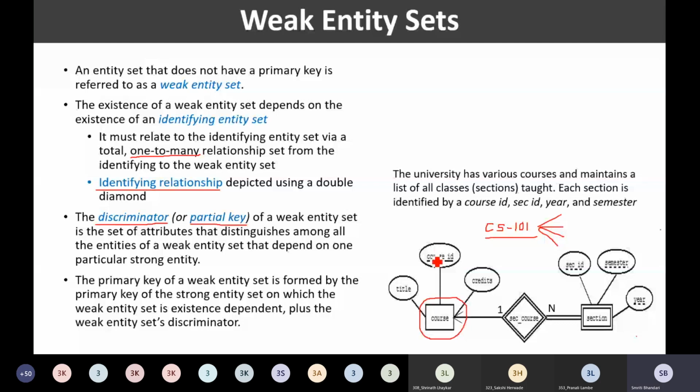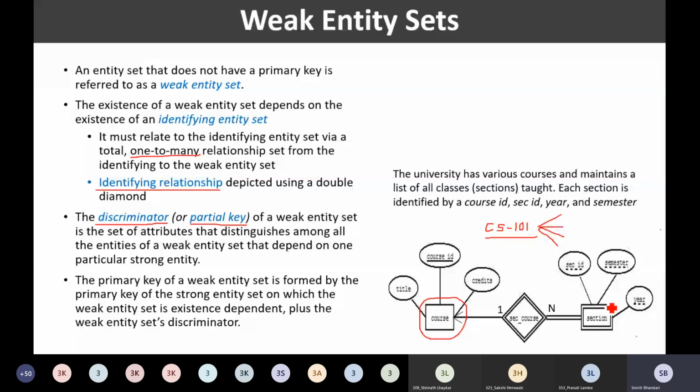The existence of this weak entity set is due to the associated identifying entity set. So to form a primary key for this weak entity set, I simply add the primary key of the associated strong entity set into this weak entity set, and this gives me the primary key for the weak entity set.